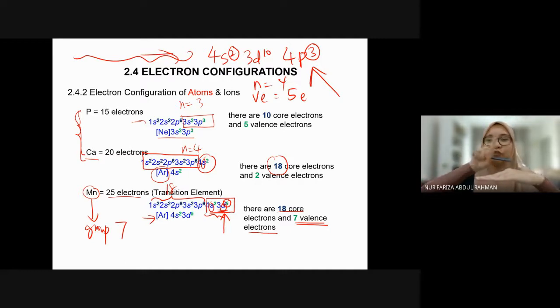It can jump into the D orbital. So that is how close they are. Do you understand? So when it can jump, there is a probability to jump from the S orbital to the D orbital. It shows that the energy gap is not big. It's not large. So that's why, for transition elements, one of the reasons we have to include S and D is because the energy gap is not much of a difference.